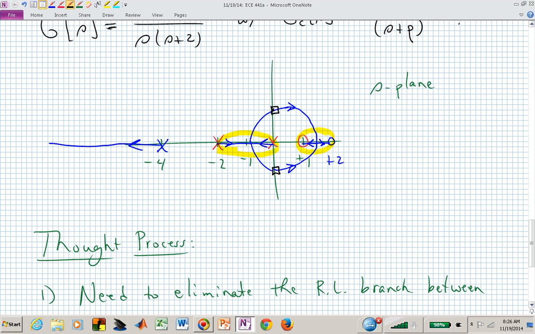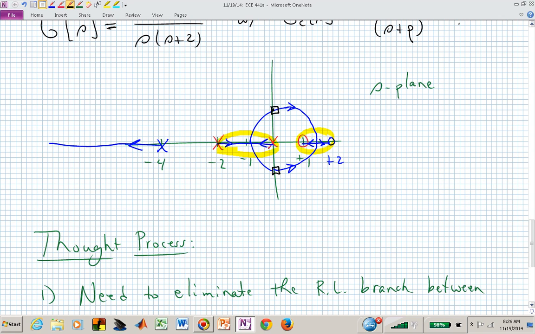The angle from +1 to that point is less than that, maybe 120 degrees. And this you could quickly do if you sketched it somewhat accurately. You could measure those fairly quickly with a protractor. Then from the pole at the origin, that one's easy. That's 90 degrees. And you're subtracting now all of these pole angles.